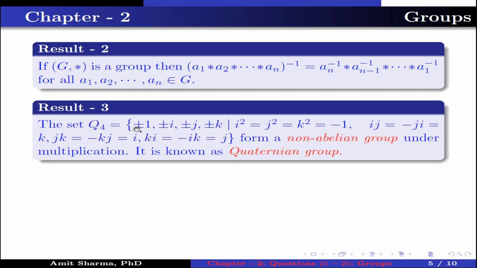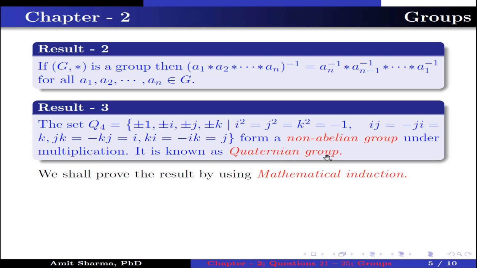The set Q4 containing the elements plus minus 1, plus minus i, plus minus j, plus minus k such that i square equal to j square equal to k square equal to minus 1, ij equal to minus ji which is equal to k, jk equal to minus kj which is equal to i, ki equal to minus ik which is equal to j forms a non-abelian group under multiplication. It is known as the quaternion group.